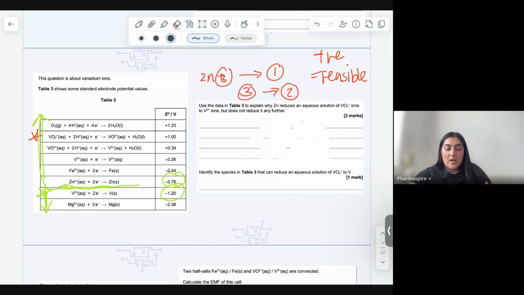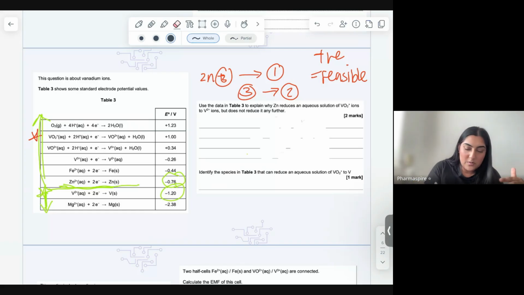Then they said, identify the species in table 3 that can reduce the aqueous solution VO2+ to V. So what species can reduce VO2+ to V, meaning all the way down to vanadium metal? That's what it has the ability to do.